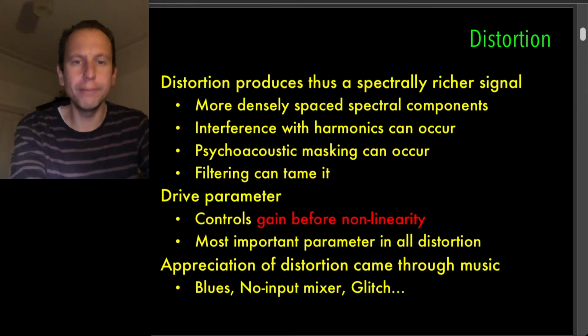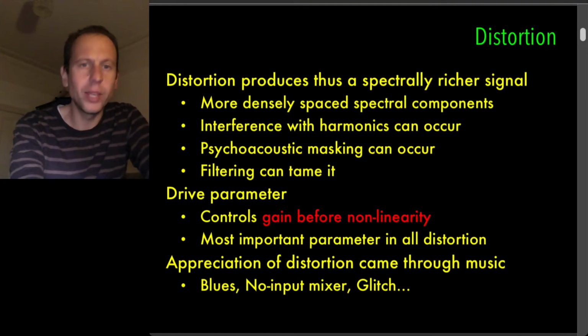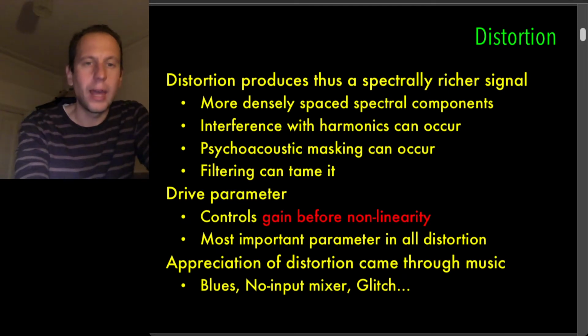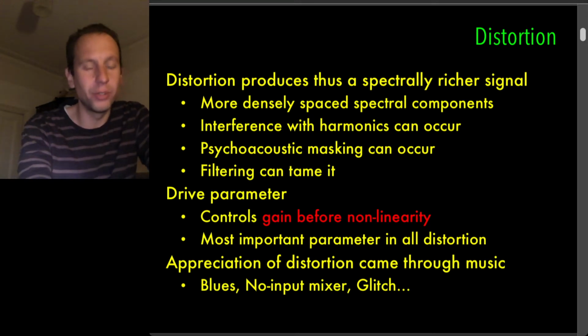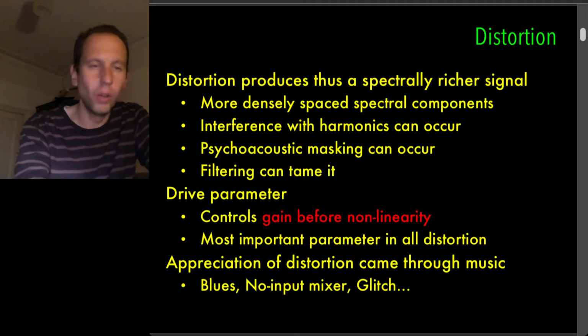Okay, so when these spectral components appear, what we can say is that we get a spectrally richer signal, and we can expect a few things. One of them is interference with the actual existing harmonics of the signal.